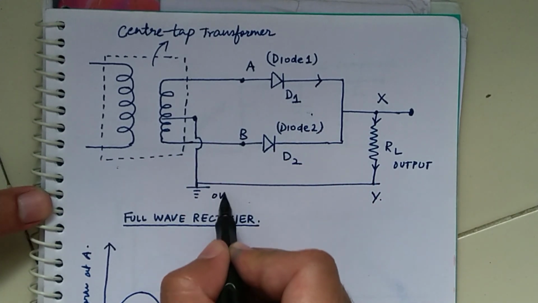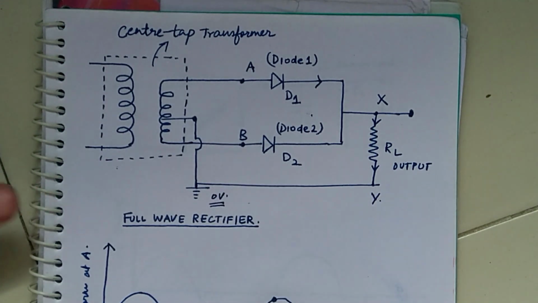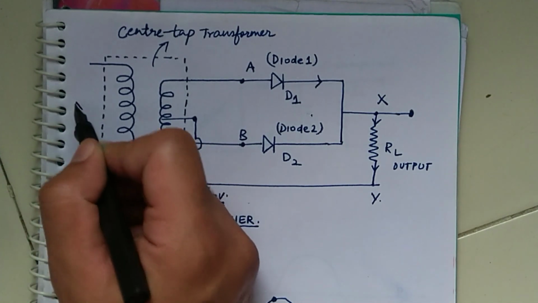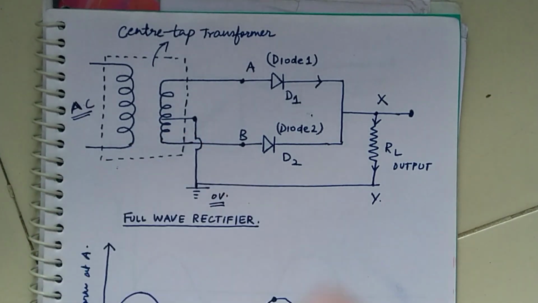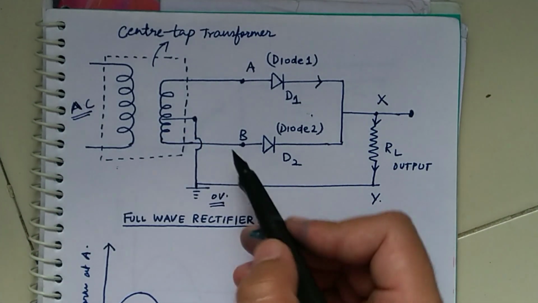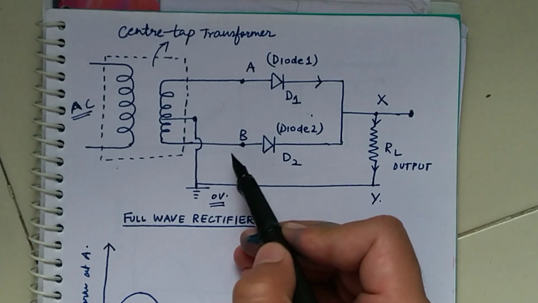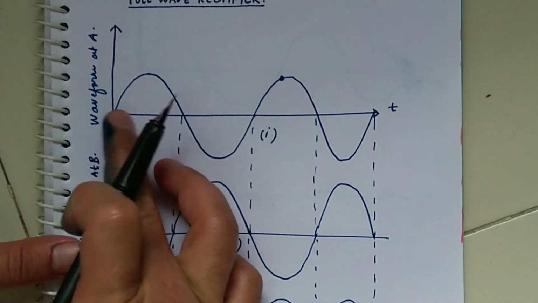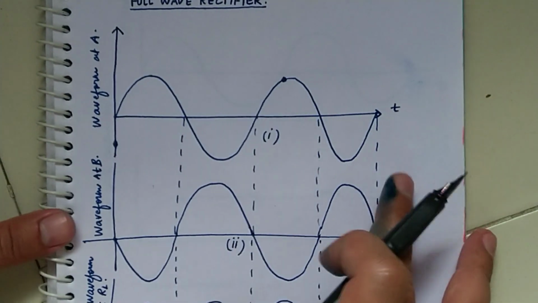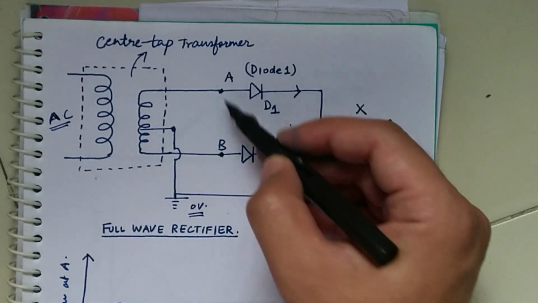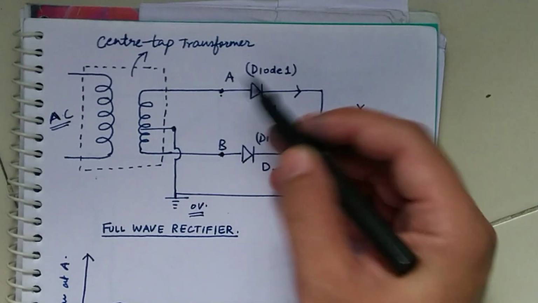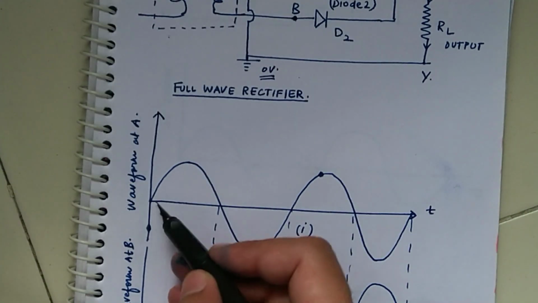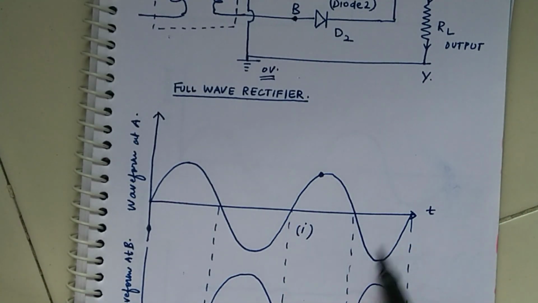Okay, so we are doing this so that in the negative cycle of the AC that we are supplying through this transformer, this terminal becomes positive. How? Let's have a look. So this is the voltage that we have supplied, or that falls across this terminal A. This is the general sinusoid wave that we are getting.